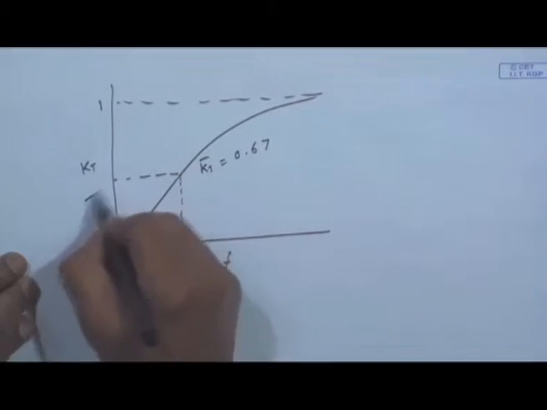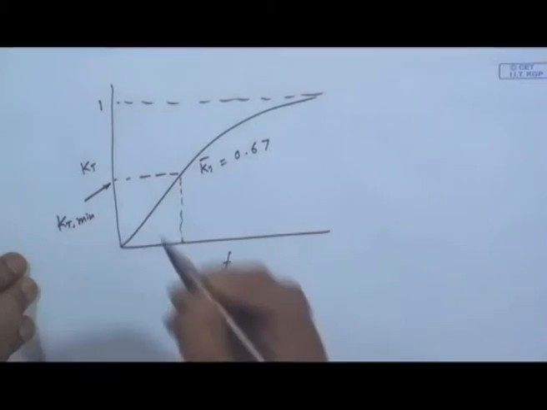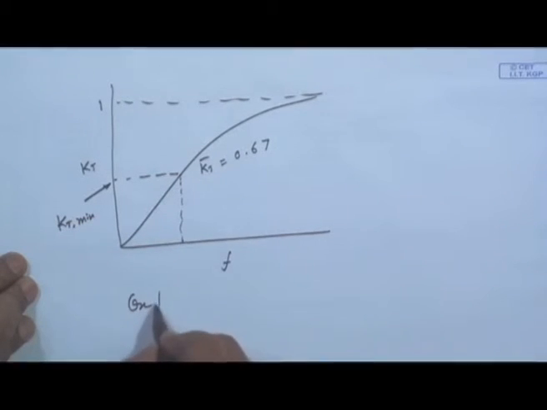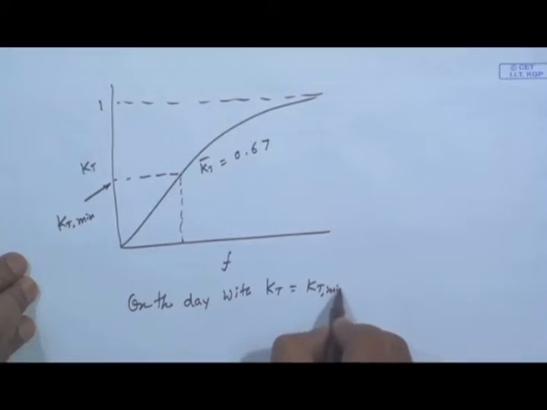So, this is on the day with kT equal to kT min, IT noon equal to IC.